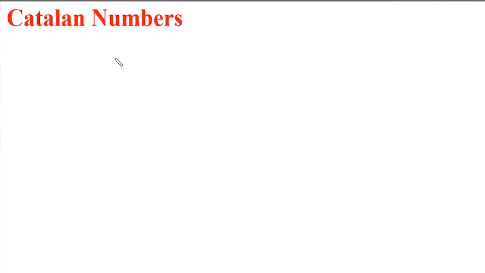Today we'll study an important concept in permutations and combinations, and that is Catalan numbers. Now a sequence of numbers 1, 1, 2, 5, 14 and 42, this is called the Catalan sequence.